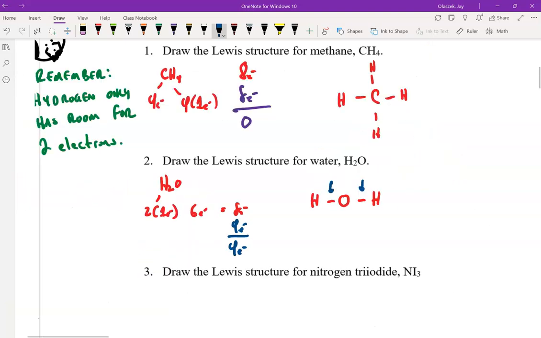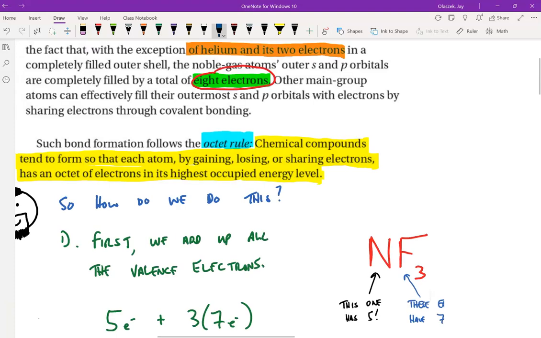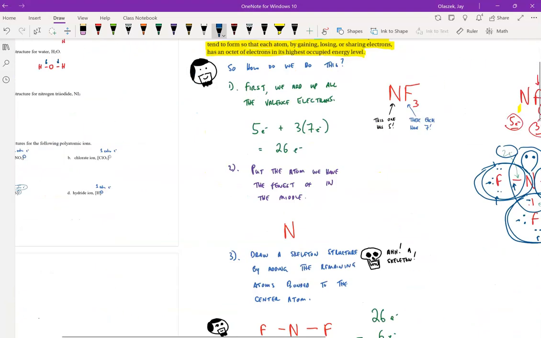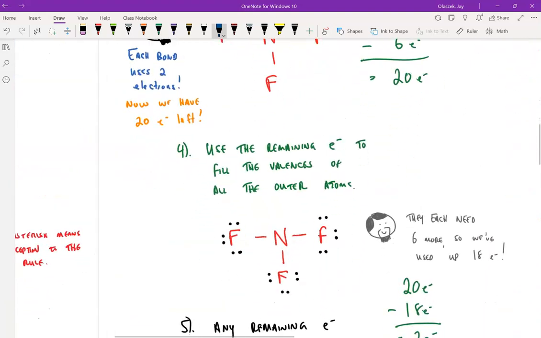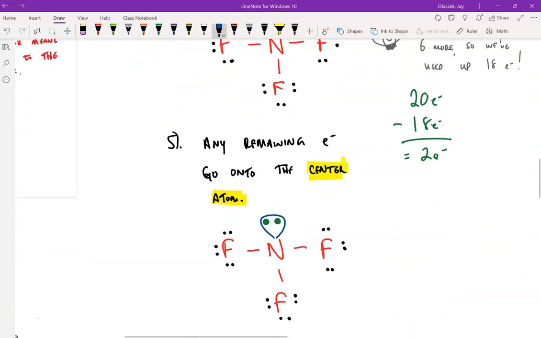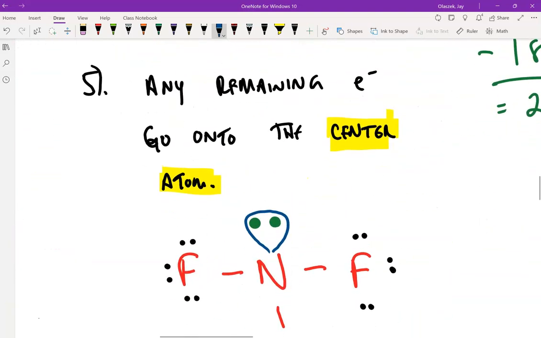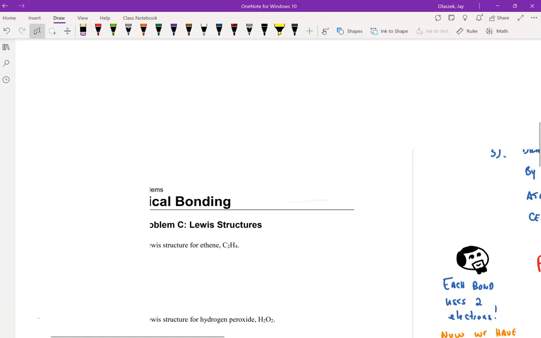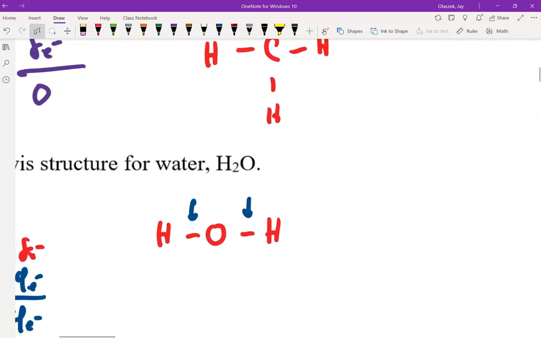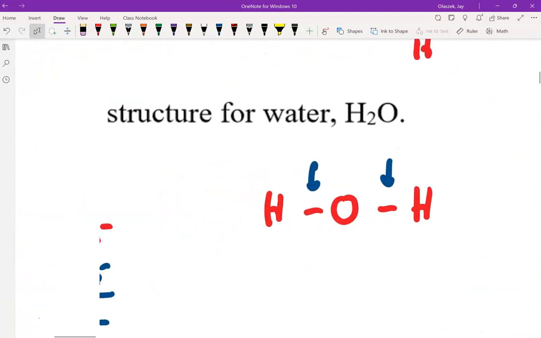Well, after we've done all the bonding, what's the last step? That one is this one. Any remaining electrons that we have left over after we've filled the valences of the outermost ones go around the central atom. What we have here is a situation where hydrogens can't hold any more.